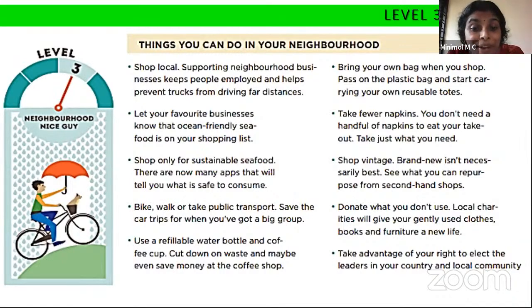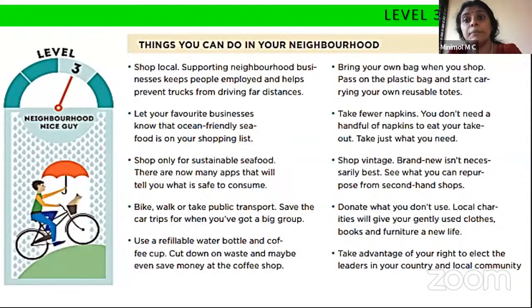You can think of refillable water bottles and coffee cups rather than consuming paper cups, which consume a lot of resources. Every time you throw away a paper cup, keep in your mind this is made using some resources which cannot be replaced. Cut down on waste and maybe even save money at the coffee shop.